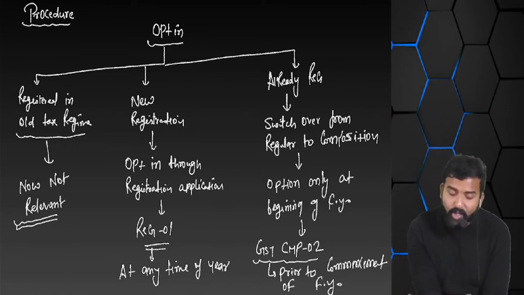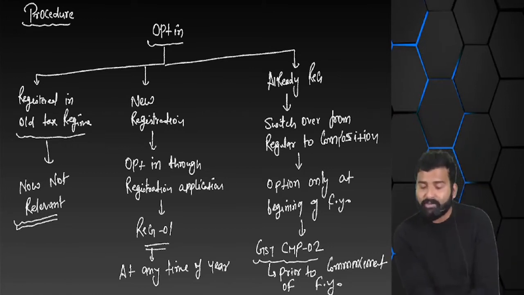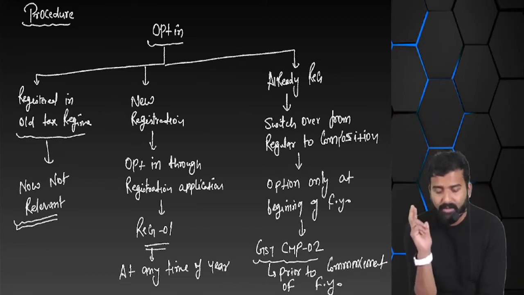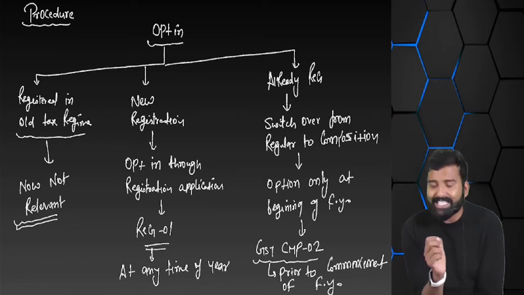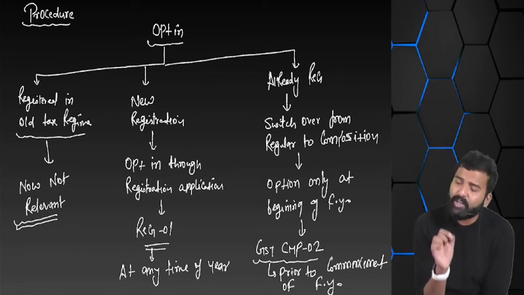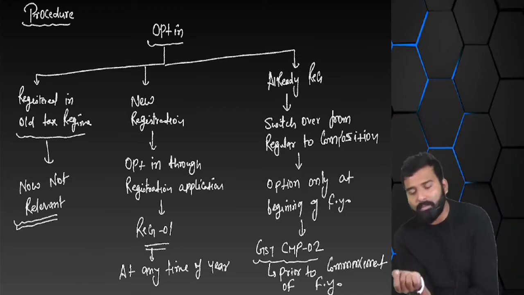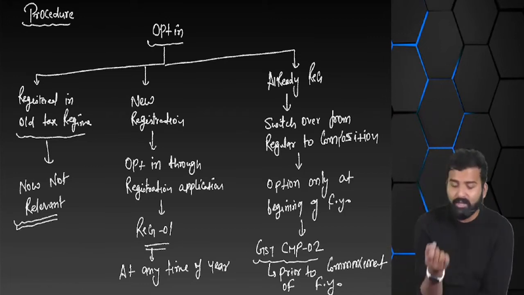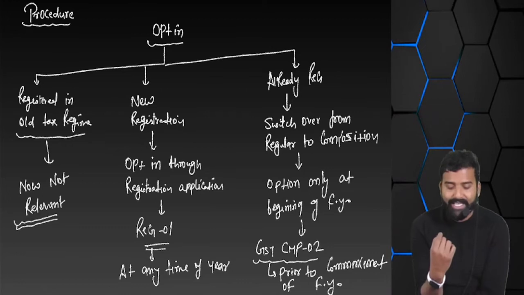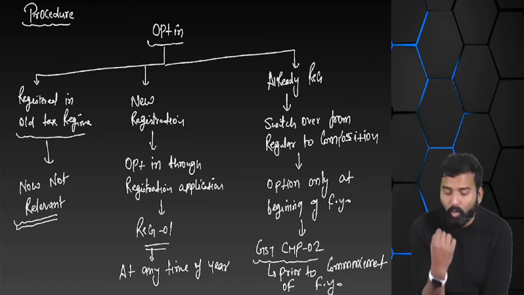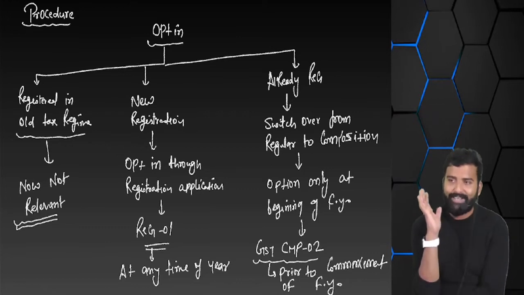However, if you are newly registered, you can be a composition dealer from any point when you are getting registered. But if you already have a GST number and just want to convert from regular to composition, then first and foremost, you can opt in only from the beginning of the financial year.